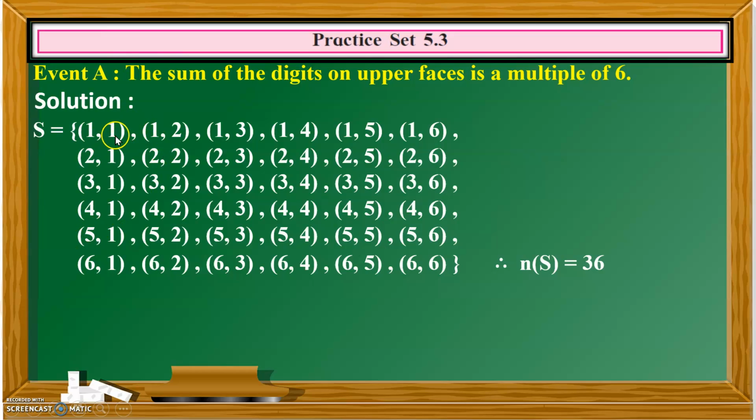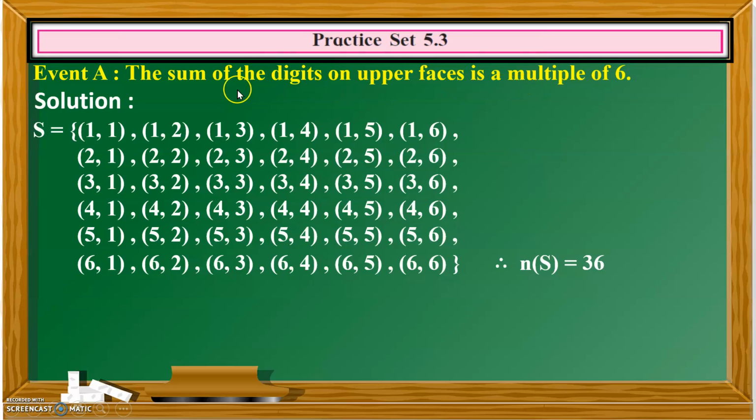The second digit indicates the face on the second die. So when you add this, you'll get 2. If you add this, you'll get 7. If you add this, you'll get 8. If you add this, you'll get 6. So the sum in this sample space would be a minimum of 2 and a maximum of 12. Hope this part is clear, how to get the sum of the digits.